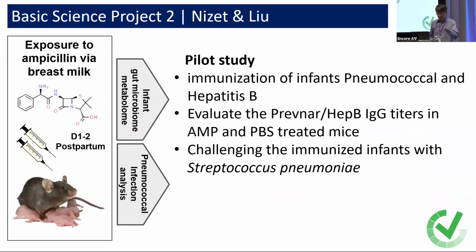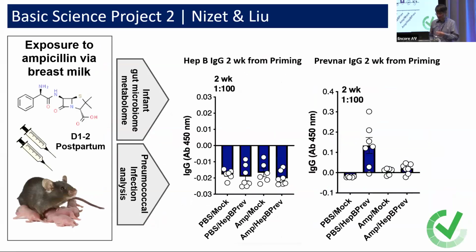And then we vaccinated the pup in the first 7 days with hepatitis B vaccine or Prevnar, both of which are neonatal vaccines. We looked at what happened to their titer over time and plan to challenge them with strep pneumo. Here you see on the screen that with hepatitis B they didn't actually respond well in the first 2 weeks, so I can't say too much about that. But in the case of Prevnar, antibiotic administration actually blocked the response to the Prevnar at 2 weeks, although over time you see this recovering.